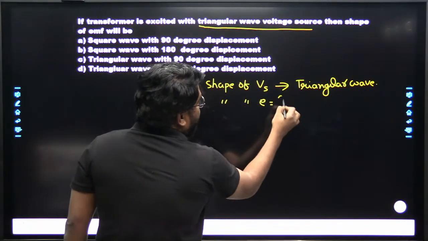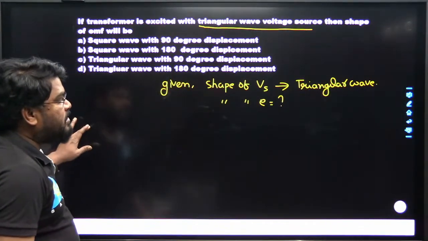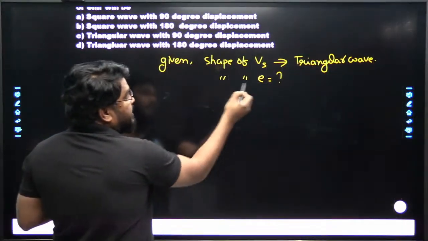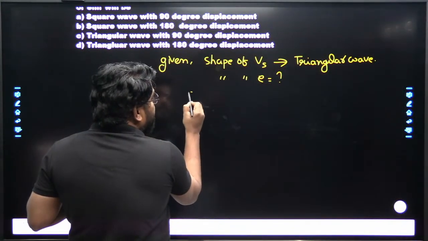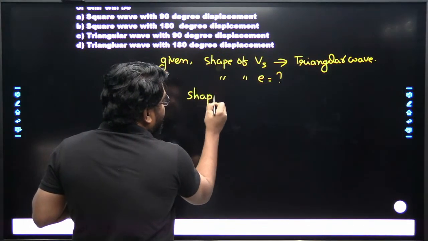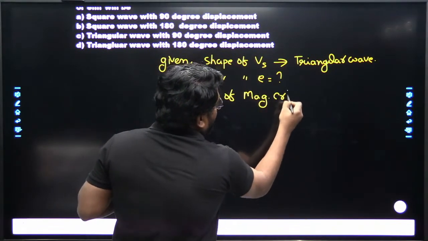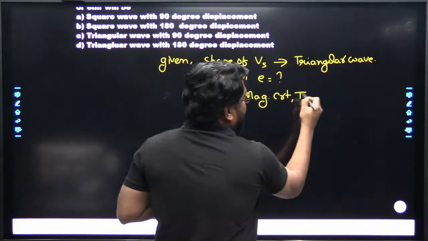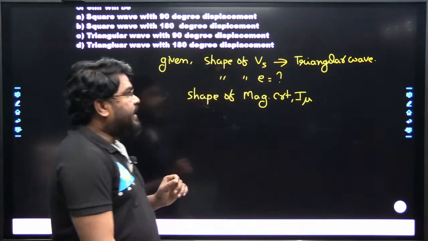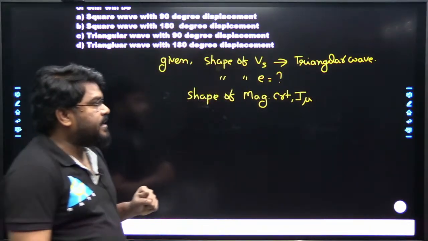So how do we get the shape of the induced EMF? We know the formula. Let us first find the shape of the magnetizing current, i mu.